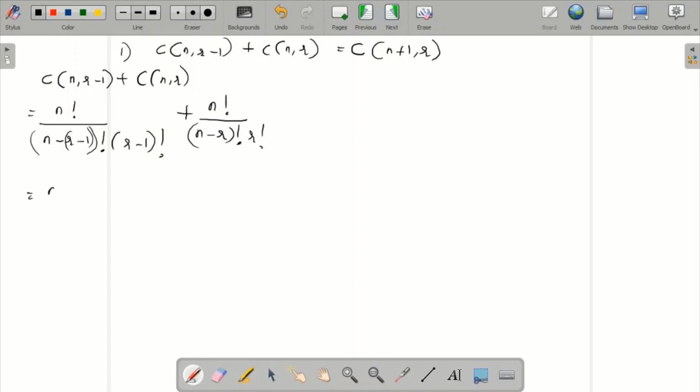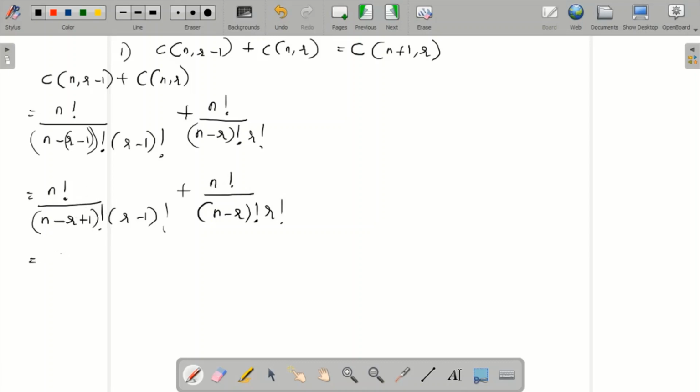So here when you take the minus inside, it would be n minus r plus 1 factorial, because minus r, minus minus will be plus, and here into r minus 1 factorial, and here it would be n factorial divided by n minus r whole factorial into r factorial. Okay, so this is over here.